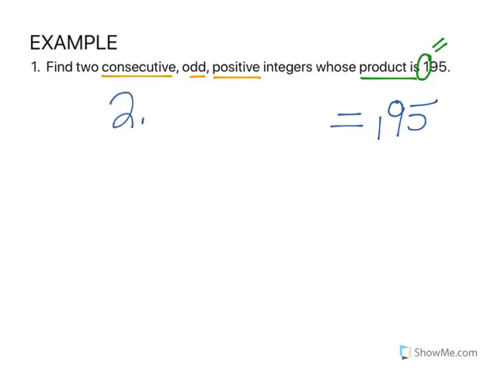So we're going to have 2n plus 1 times 2n plus 3, and that equals 195. To solve this, you're going to multiply or distribute on the left-hand side, and then eventually you want to solve the quadratic equation. You can use any method once you get to that point, whether it's factoring, completing the square, or the quadratic formula. Choose the method that works best for you.